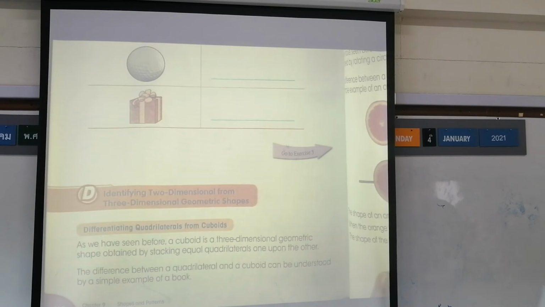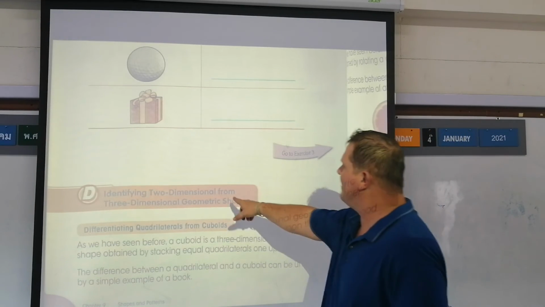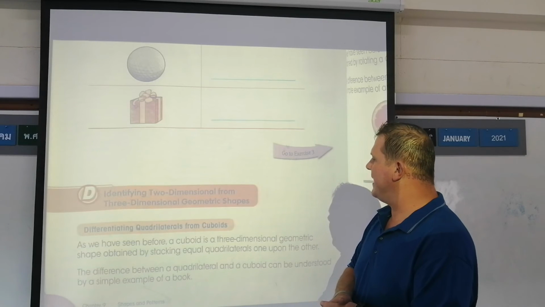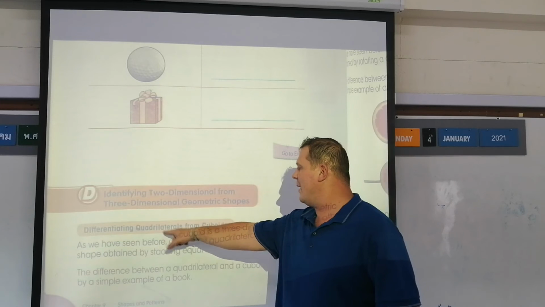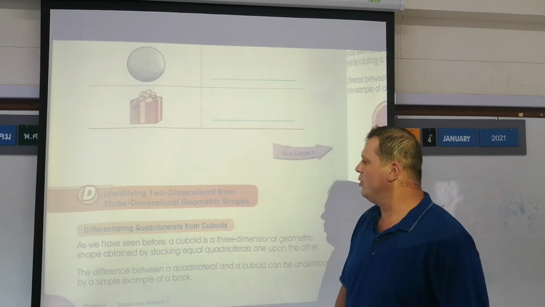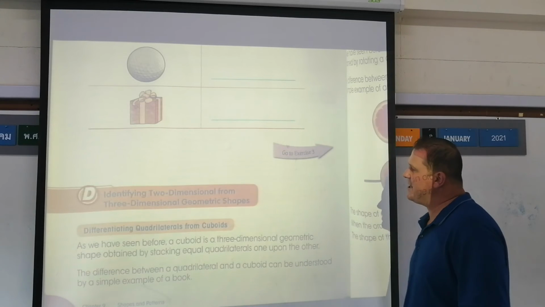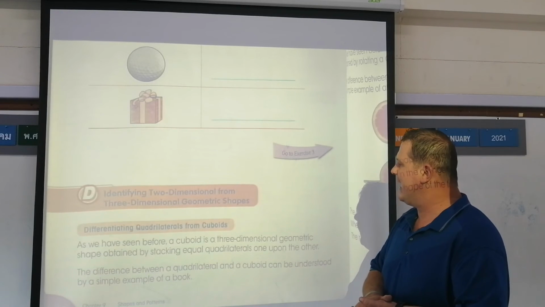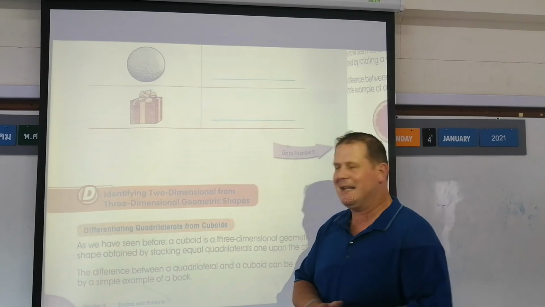Okay, guys, the next thing, it's about being able to identify two-dimensional from three-dimensional geometric shapes. Differentiating between quadrilaterals and cuboids. As we have seen before, a cuboid is a three-dimensional geometric shape obtained by stacking equal quadrilaterals one upon the other.